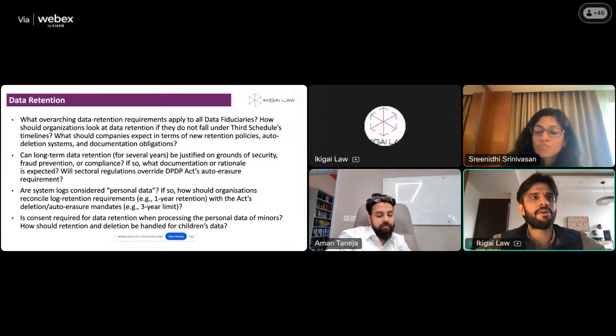But beyond that, and everything that applies to these specific classes under the third schedule, for other data fiduciaries, what's really the practical approach for determining how long they should retain data, how should they build internal retention schedules, especially in contexts where the law might not give you a timeline?